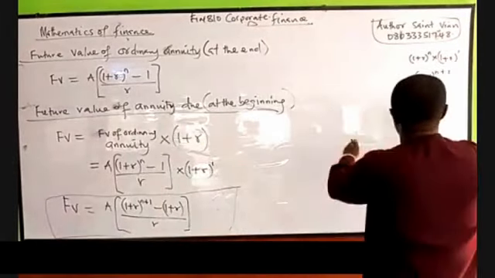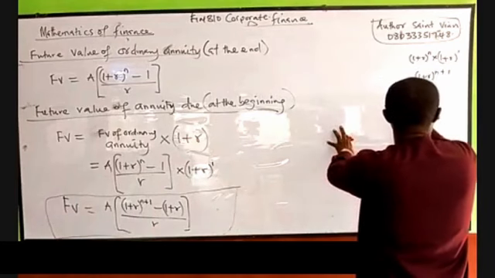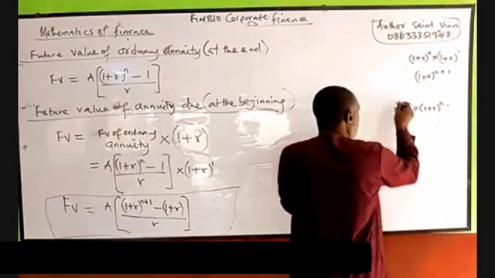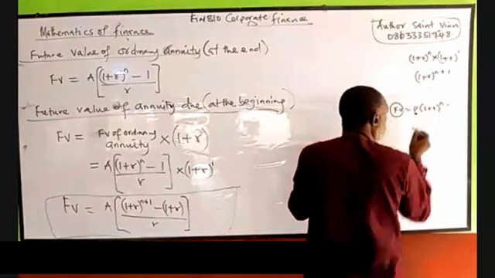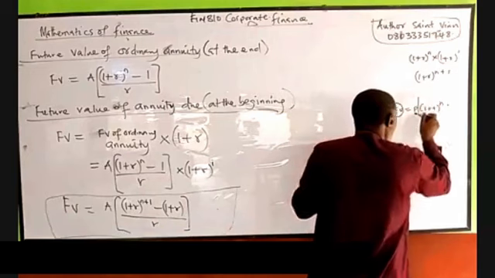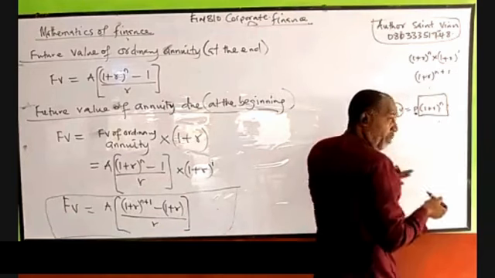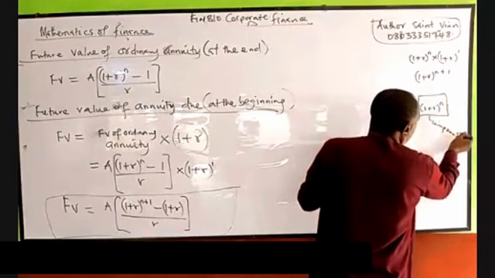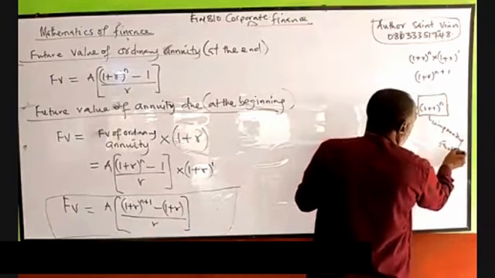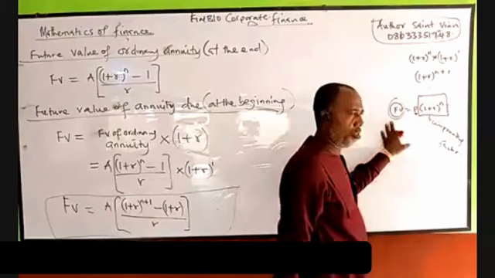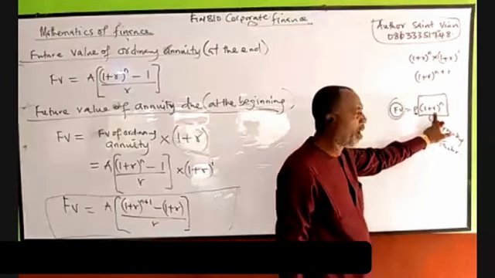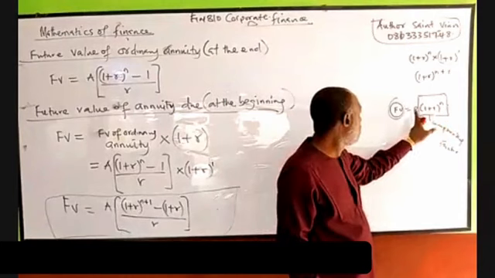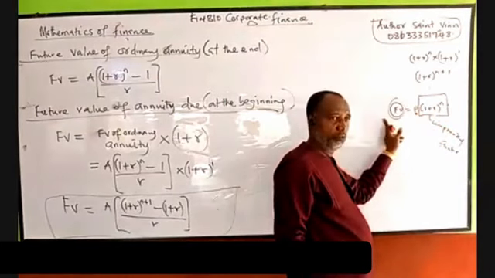Look, this is what we know before. You remember this? This is the future, and I have the present. I'm going to compound, which is multiplication. This is what we call the compounding factor for us to get to the future. So we use this compounding factor, which is (1 + r)^n, to multiply the present value to get what?